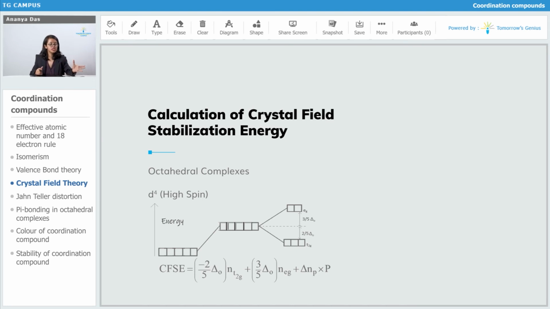First of all, for d4, we are going to determine the CFSE when it's a high spin complex. High spin complex means no pairing. So with electrons 1, 2, 3 and 4, I cannot put the fourth electron in T2g because that will cause pairing. Now N T2g is equal to 3 and N Eg is equal to 1. Delta NP is still equal to 0 because again there are no paired electrons.